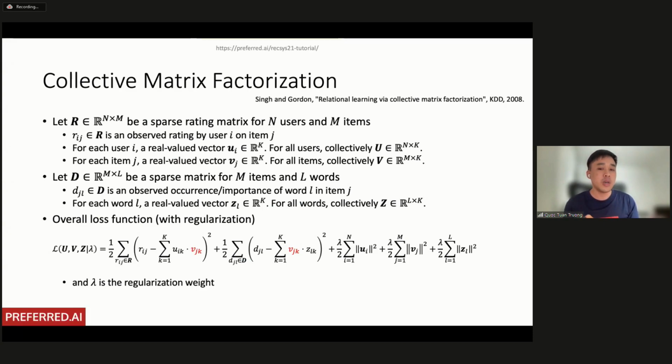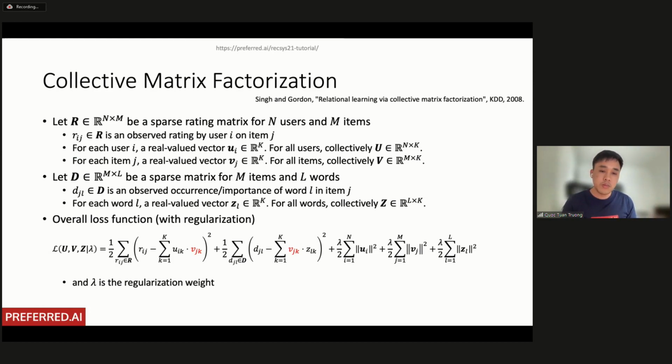Now each item has its own text, right? It's presented as a document. So then we build a vocabulary of L words, and each item can have a vector of words that could be the occurrence of the word inside the item document, or the importance of the word in terms of TF-IDF, for example.